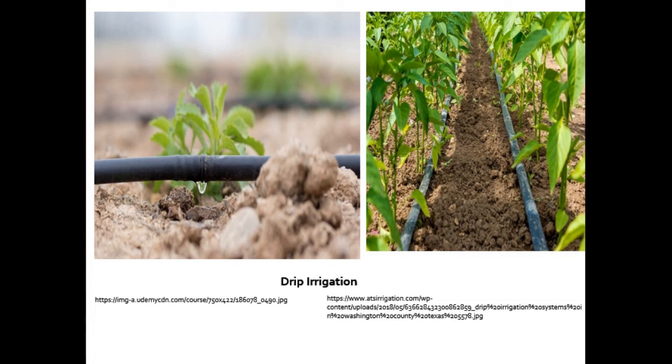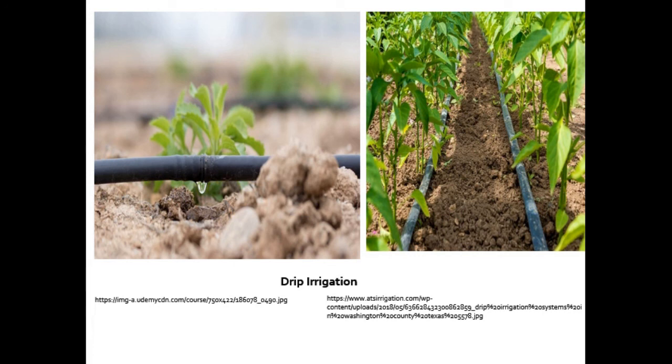Likewise, reduced percolation and evaporation losses result in greater economy of water use. Furthermore, fertilizer and nutrient loss is minimized due to localized application and reduced leaching. The water application efficiency is high if managed correctly. Furthermore, field leveling is not required in the drip irrigation method.